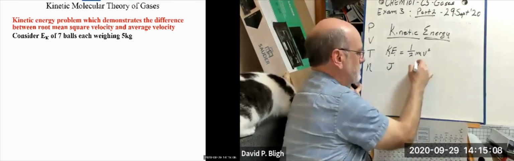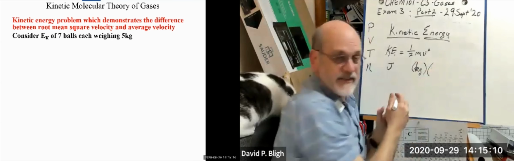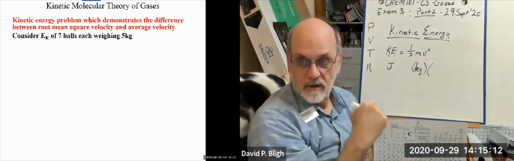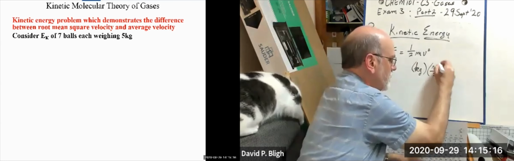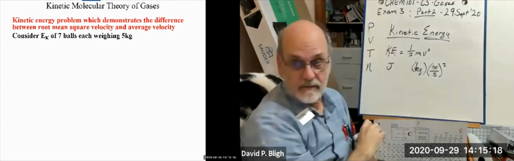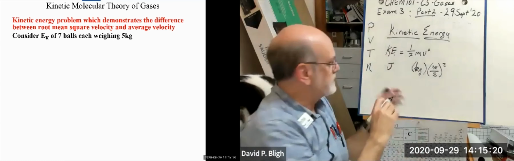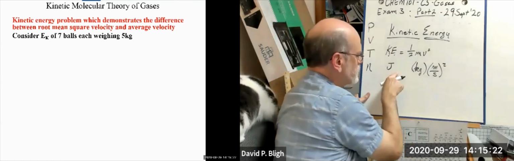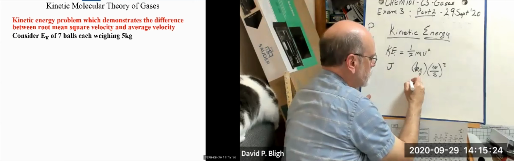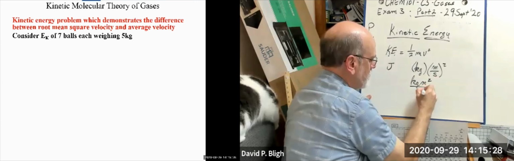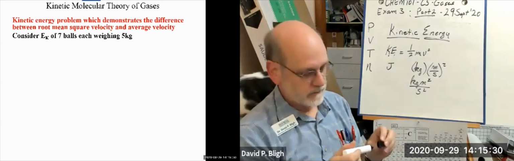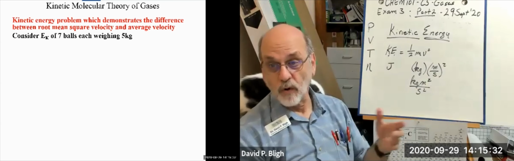Velocity is meters per second. And we square that. So what that means is 1 joule is equal to a kilogram meter squared per second squared.